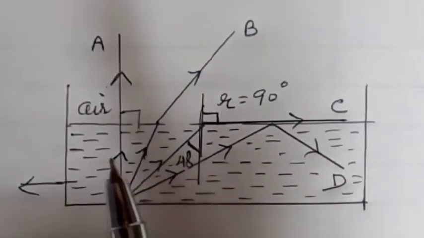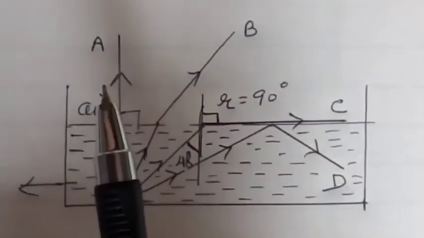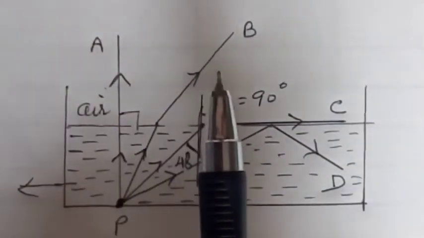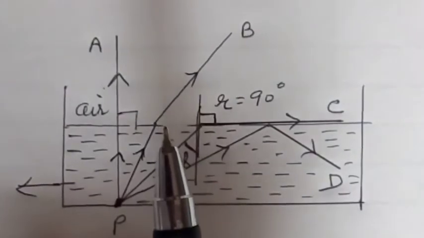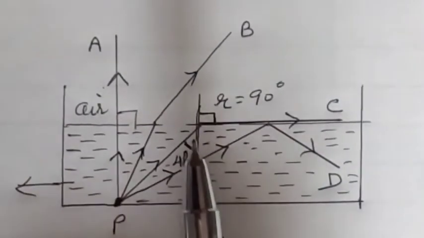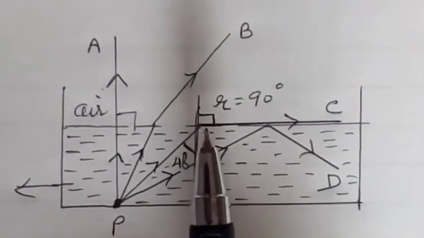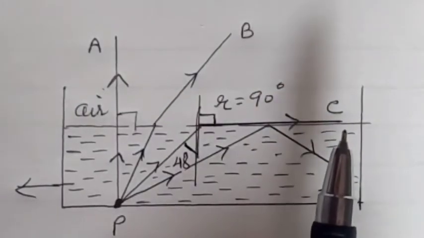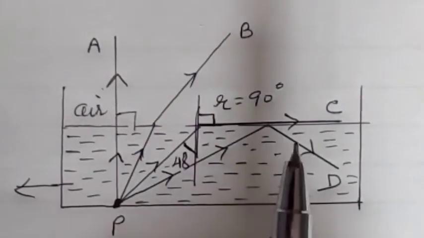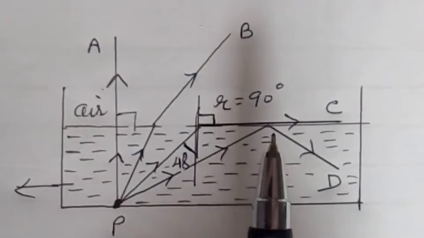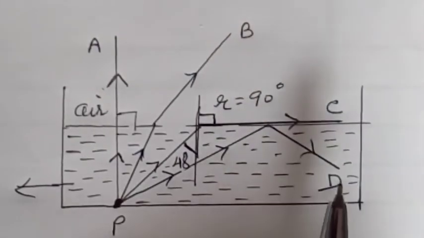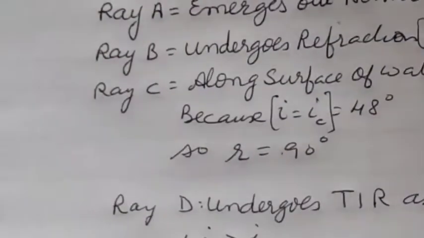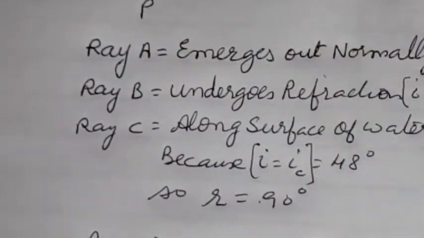So rays A and B suffer refraction because the angle of incidence is less than the critical angle. Here it is equal to the critical angle, so the ray moves at 90 degrees to the normal. And for ray D, the angle of incidence is more than the critical angle, and the ray gets totally internally reflected.